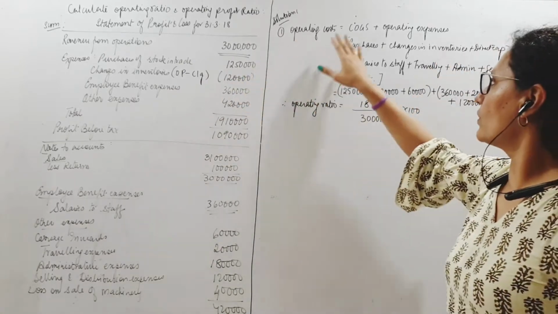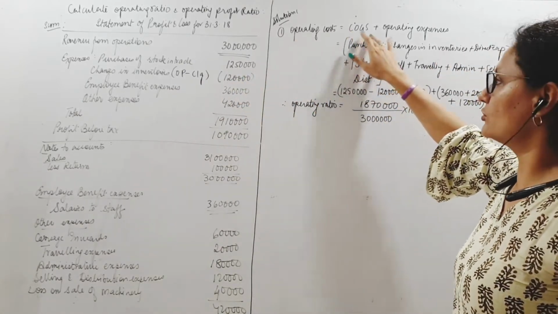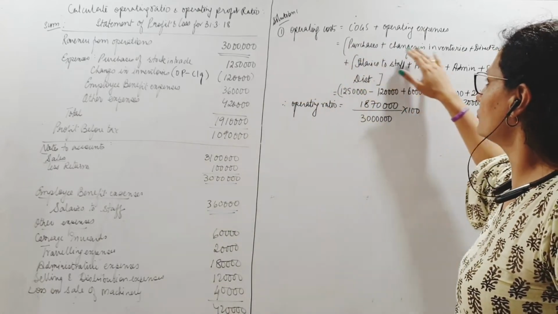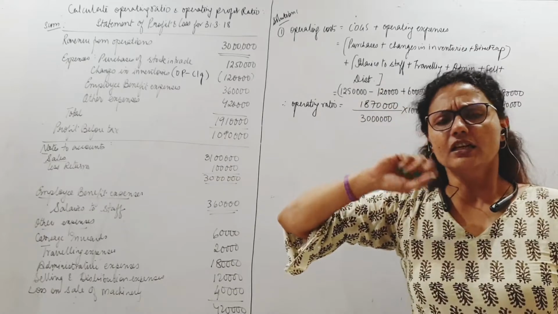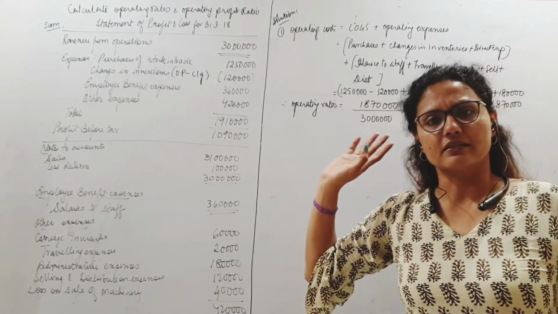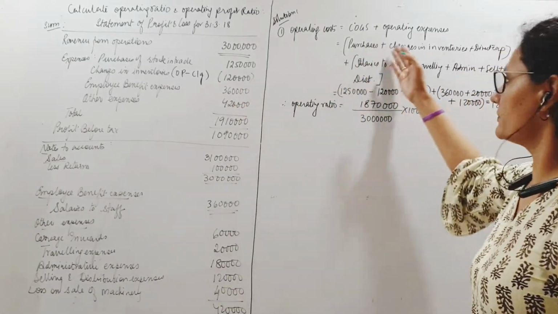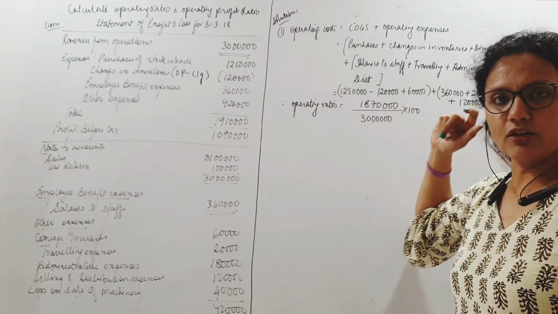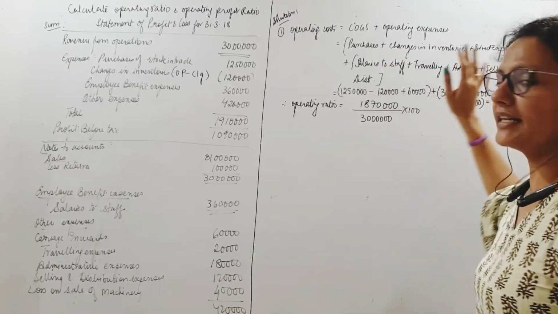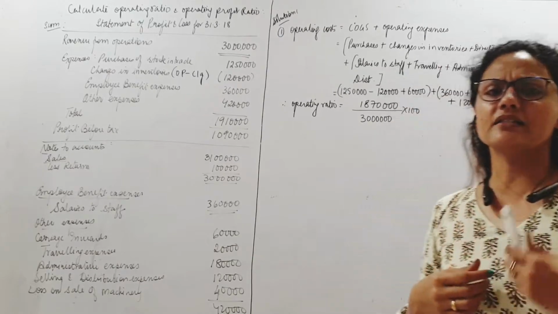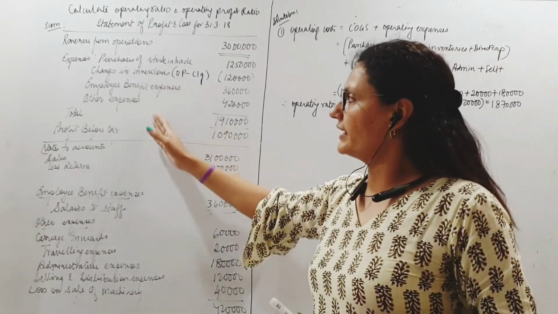So ideally, we have to find out cost of goods sold by doing purchases plus changes in inventory plus direct expenses. I have written plus here, assuming opening minus closing is plus. Now, of course, it's given in negative, so this becomes minus obviously. So direct expenses, what is that? We will not be able to find out from here.